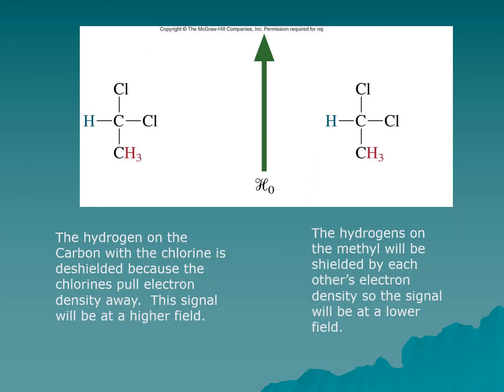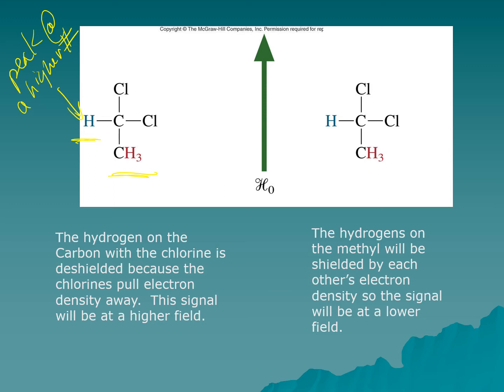All right, so what causes the shift? There are 2 kinds of hydrogens. This is not the same molecule we just saw. This is a different molecule. This molecule has 3 hydrogens on the methyl, right? And then 1 hydrogen on this carbon with the 2 chlorines. The hydrogen that's on the carbon with the 2 chlorines will be shifted further downfield, so this would show up as a peak at a higher number on the x-axis, because it is deshielded.